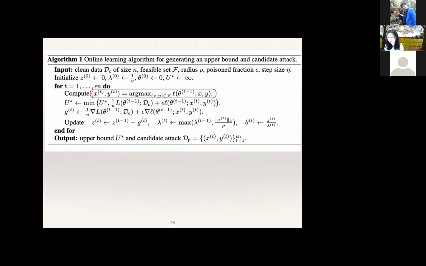Then which data point in the feasible set would maximize the loss function would definitely change. That's the only reason why we have an online learning algorithm for generating upper bound and candidate attack: your learning is going on, so your learned parameter is evolving.